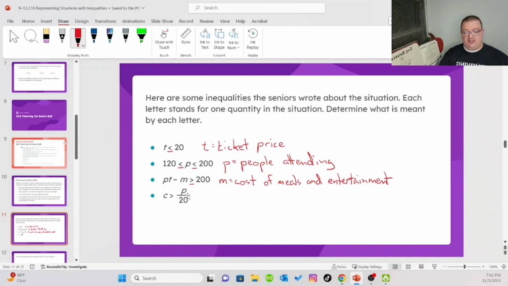So if we take the total number of people attending and we divide it by 20, our chaperones need to be greater than or equal to. So C is going to be the number of chaperones.